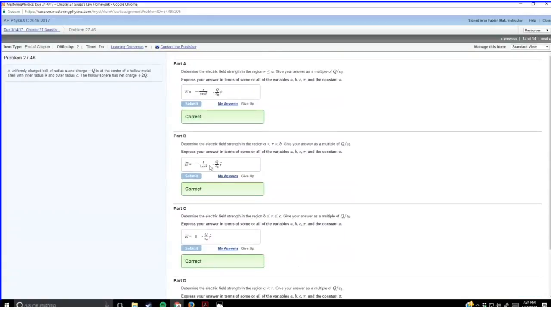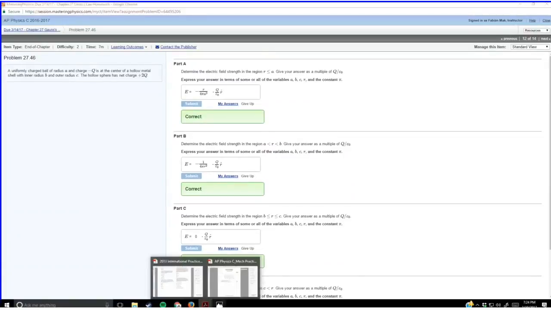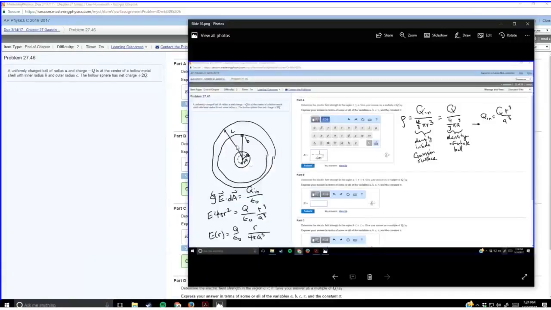So for part B, you are doing Gauss's law for this region. In this region, your enclosed charge doesn't change. Your Q in is just negative Q the whole time. So the left-hand side doesn't change because your Gaussian surface is the same. It's still E times 4 pi r squared.